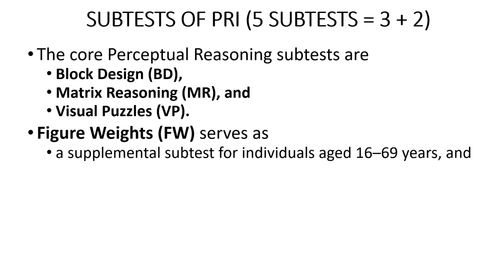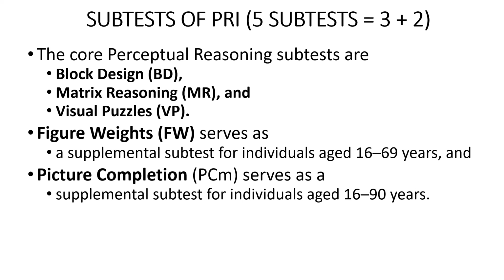So in case 70 years or older persons somehow fail to complete any core test, then picture completion is used as supplemental subtest for those individuals. That is, this can be used for all age groups 16 to 90 years. Now let us begin each of the core subtests, their clinical utility, what they measure, and what are the factors that influence, as per our previous pattern.